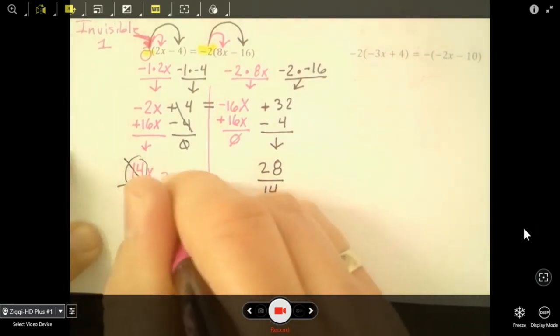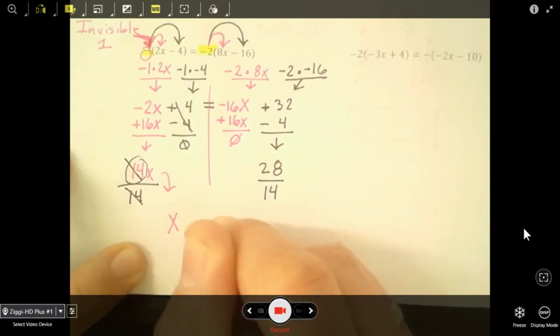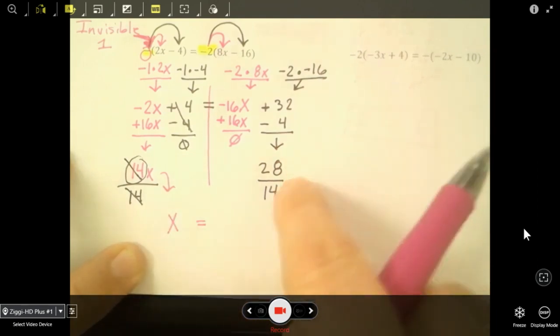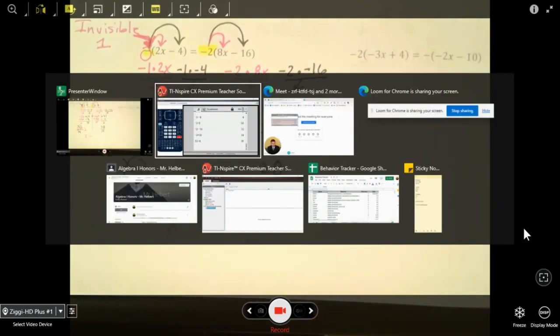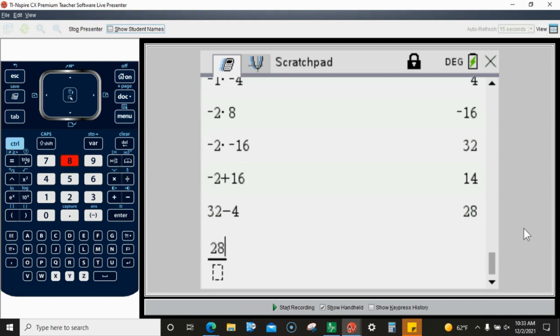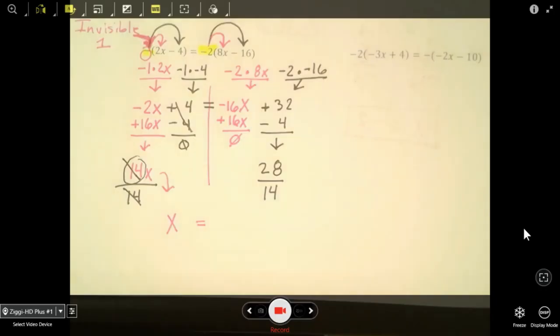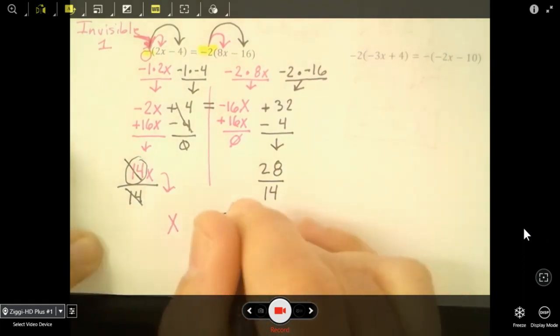That simply leaves me with just 1x, which is equal to whatever 28 divided by 14 is. So I'm going to put this in my calculator. Put my fraction bar, and 28 divided by 14 gives me 2. So my answer to this problem is x equals 2.